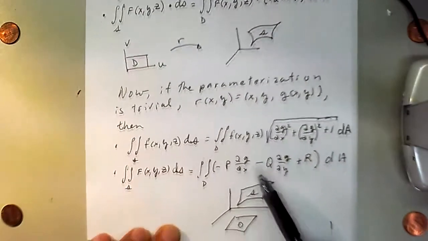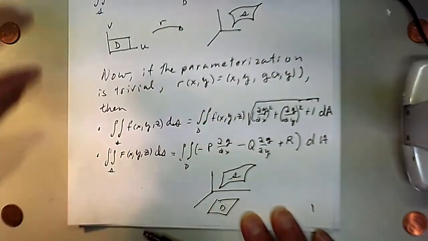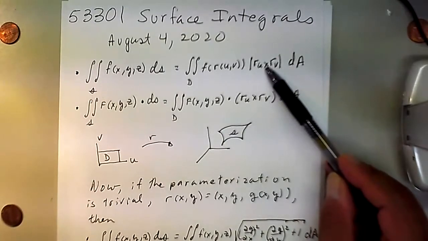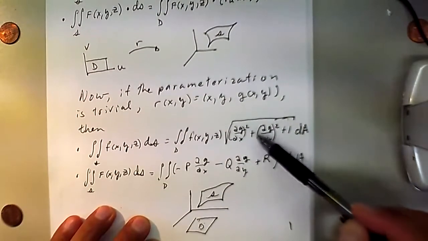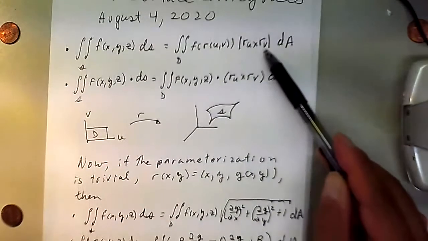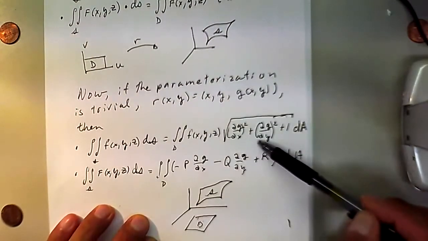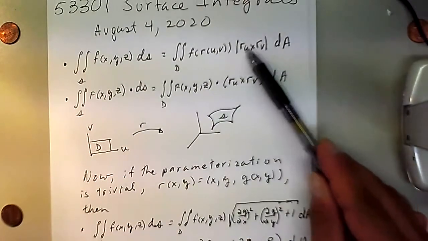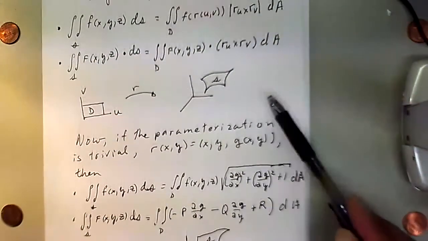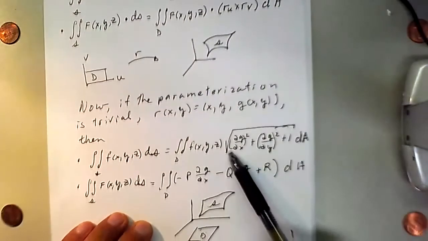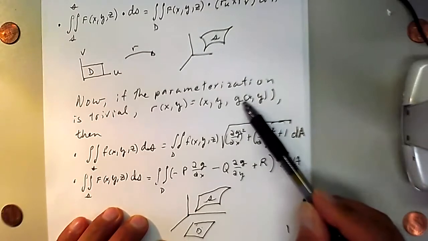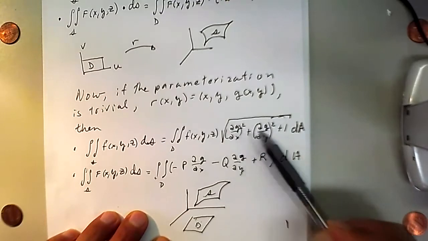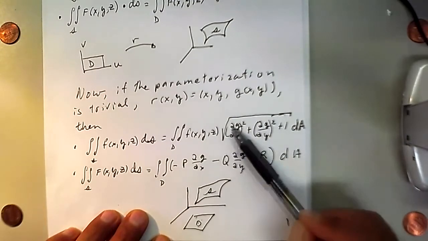If this is the case, then this formula is a specific case of this formula. If you actually did the partial derivatives, then the cross product, and then the magnitude, you would end up with this: the derivative of G with respect to X, the derivative of G with respect to Y, square each one of them, add them together after squaring, then add 1, take the square root, and that's that.